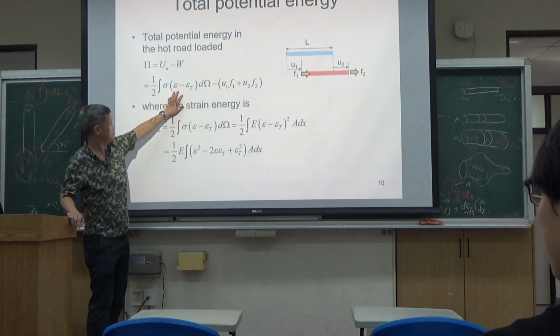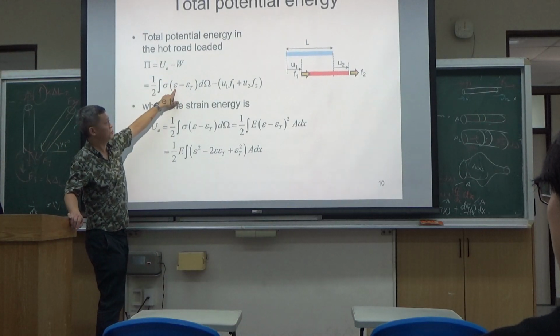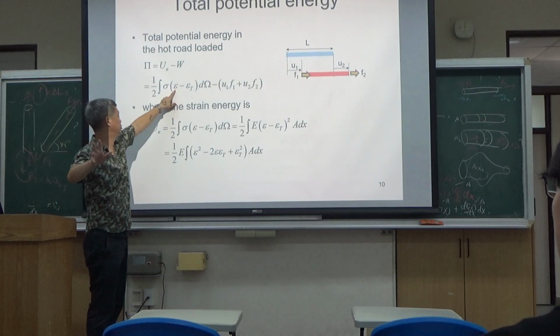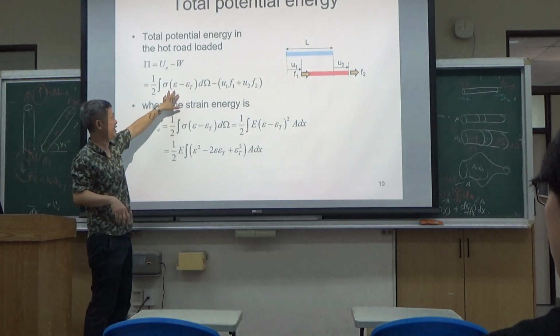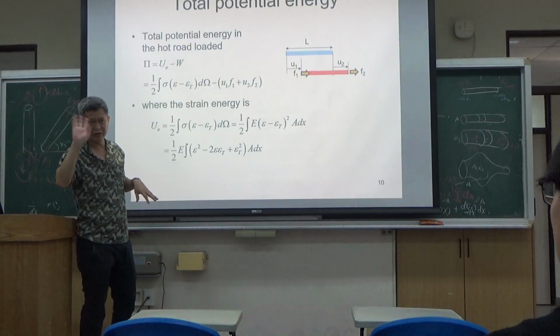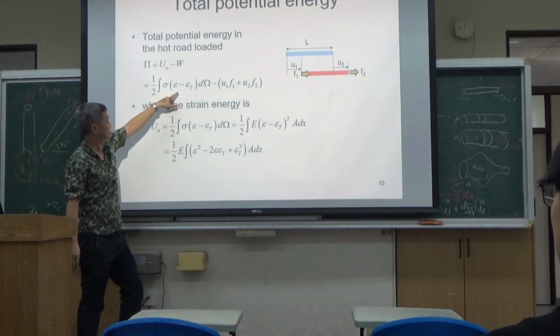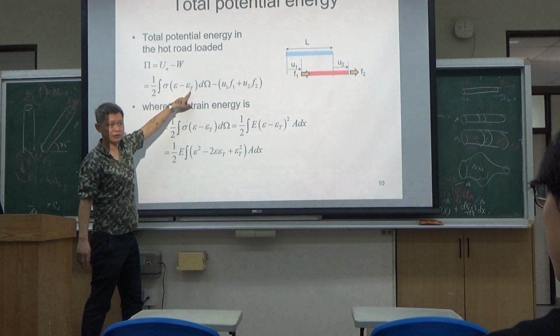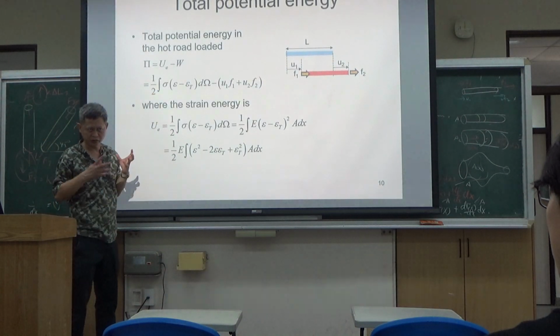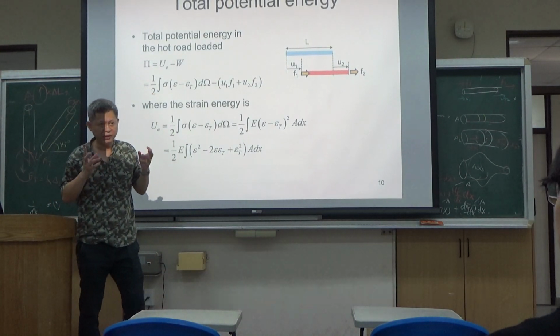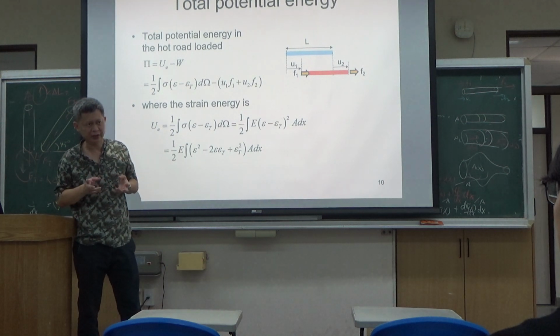Okay, see here. Strain energy must be pure mechanical energy. The energy that is caused by external pulling force. Any heating won't contribute to the strain energy. So I have the strain, total strain minus thermally induced strain. Likewise, what is your stress? Stress is mechanical stress. Okay?